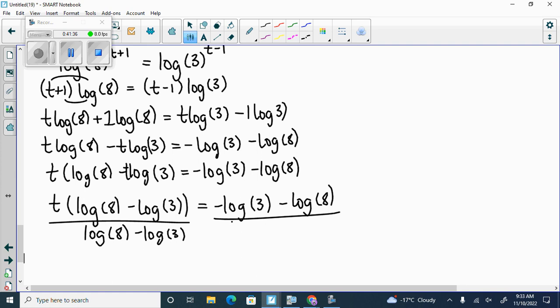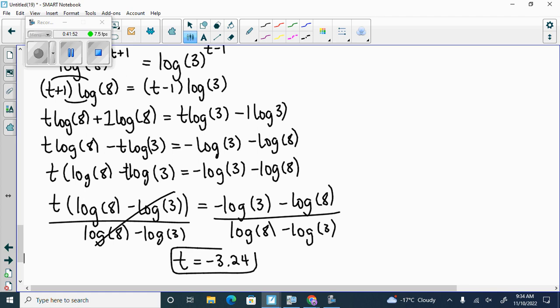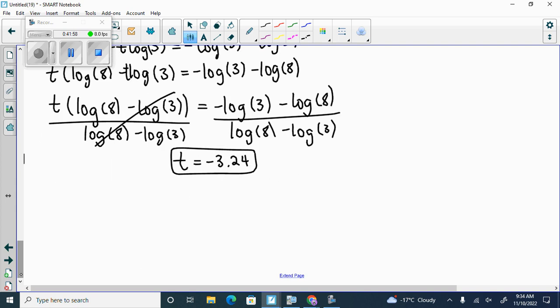What do we get for this one? T equals negative 3.24. All right. B, what should we have gotten?